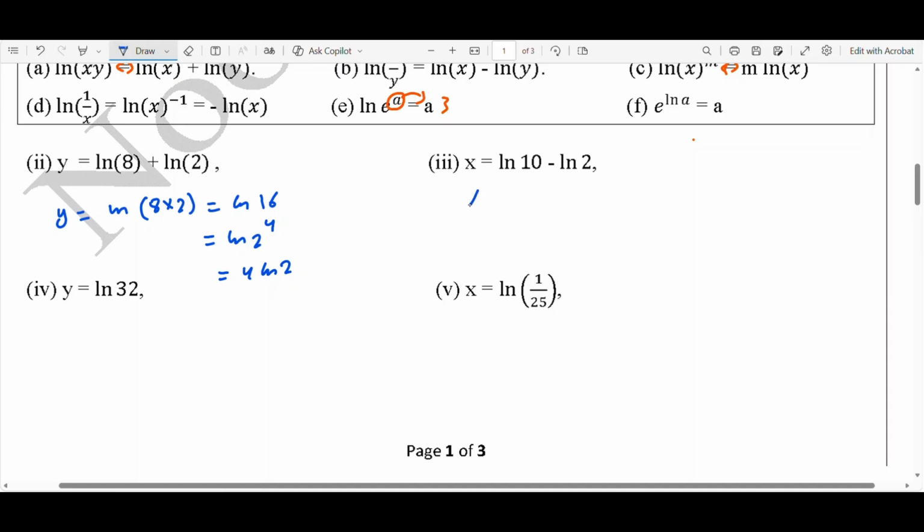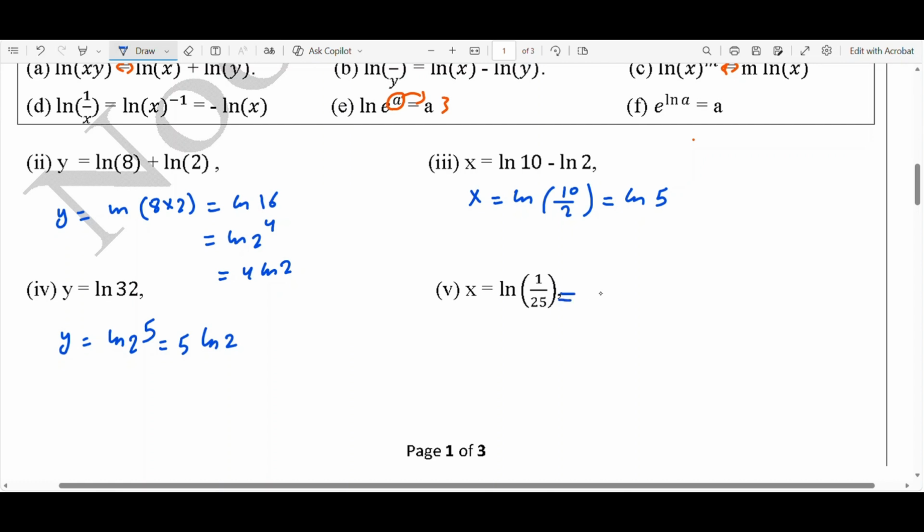Let's move here. x equals ln 10 over 2, which equals ln 5. Part IV: ln y equals ln 32, y equals ln 2 to the power 5, which is 5 ln 2. Part V: x equals ln 1 over 25.